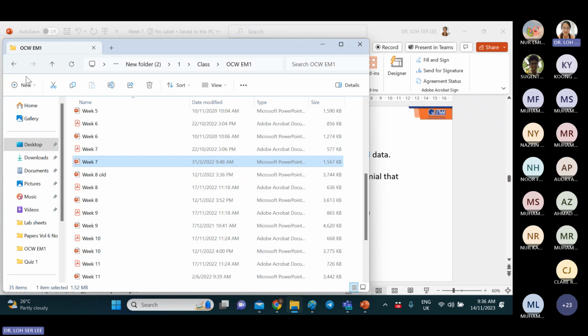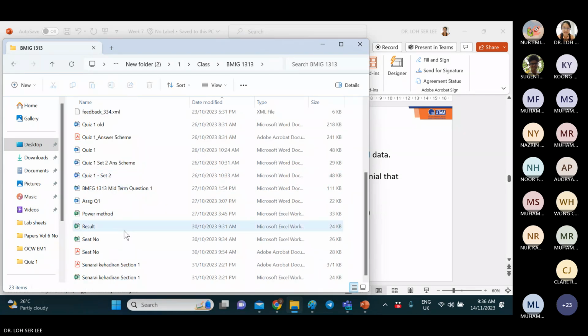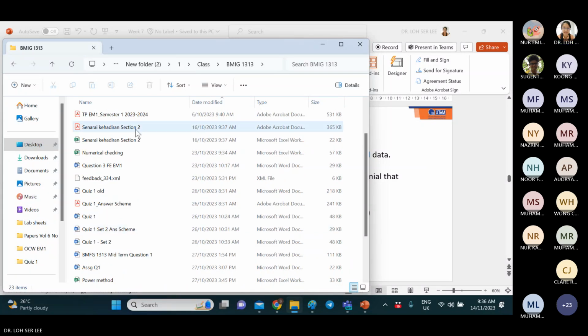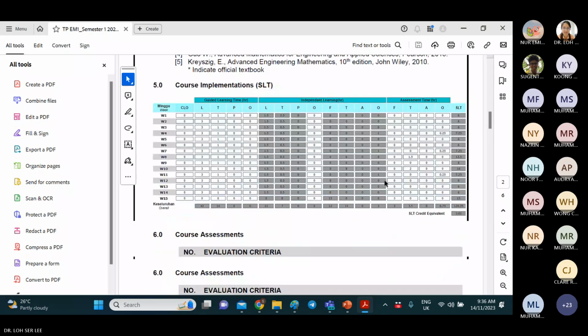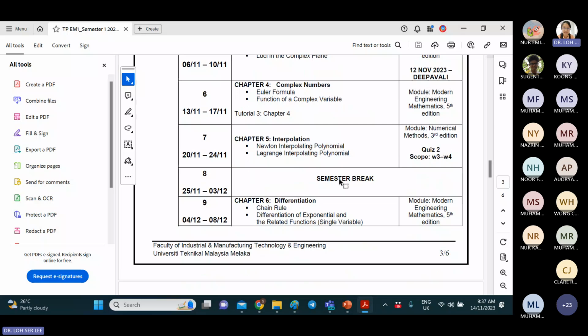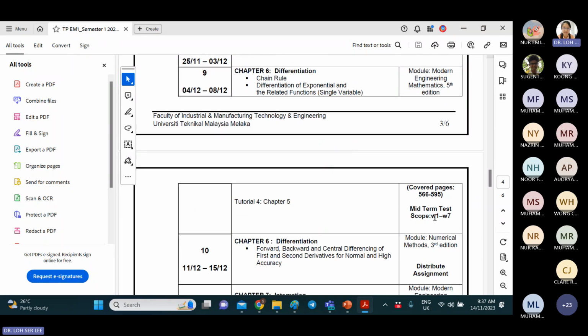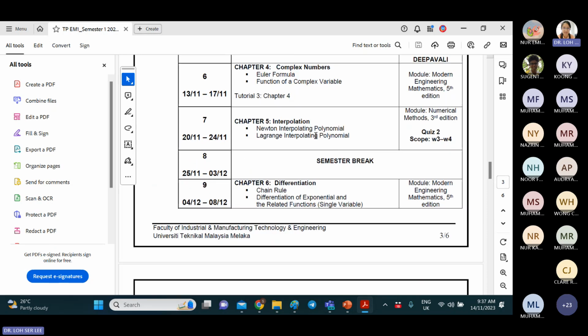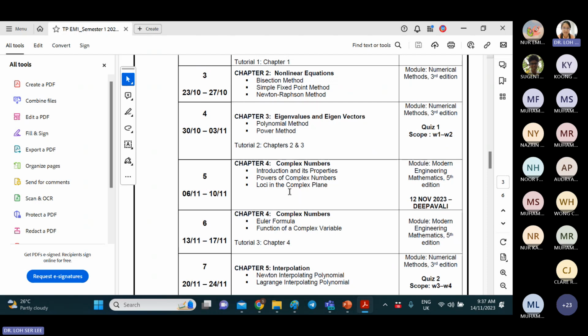Starting from the first chapter up to interpolation. The midterm scope is week 1 to week 7, except complex number. That means chapter 1, chapter 2, chapter 3, and chapter 5.